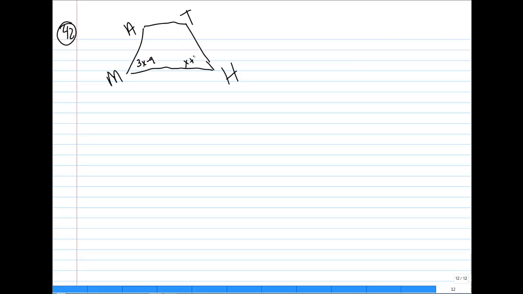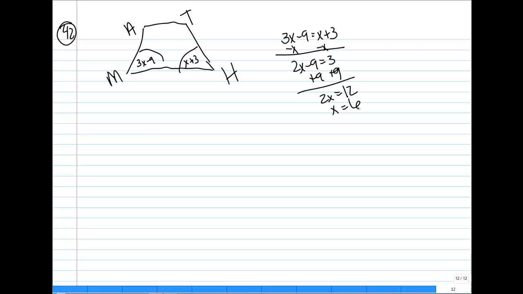Find H. And since it's an isosceles trapezoid, these are congruent. So 3x minus 9 is equal to x plus 3. Subtract x from both sides. 2x minus 9 is equal to 3. Add 9 to both sides. 2x is equal to 12. And x is equal to 6.